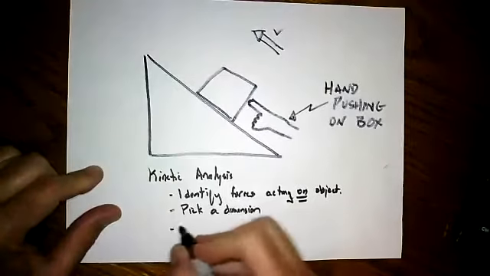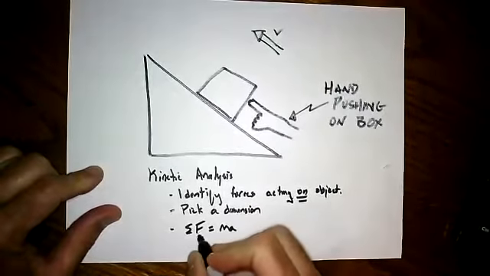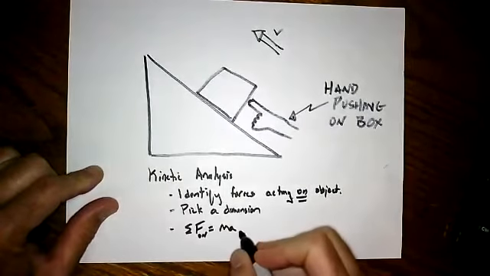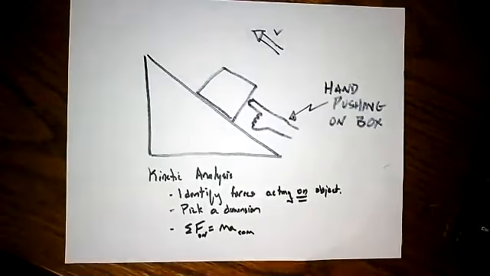And then use Newton's second law. Forces add up all the forces acting on the object in that dimension equals the product of mass of the object times the acceleration of the center of mass in that dimension. All right, so it's that simple.